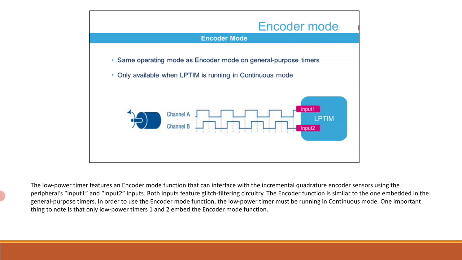In order to use the encoder mode function, the low power timer must be running in continuous mode. One important thing to note is that only LPTIM1 and 2 embed the encoder mode function.